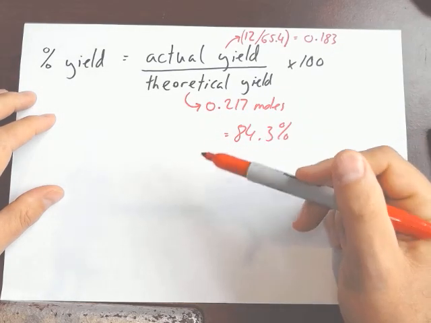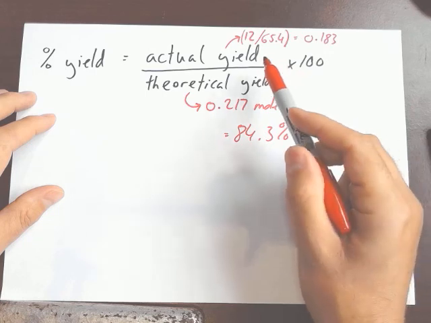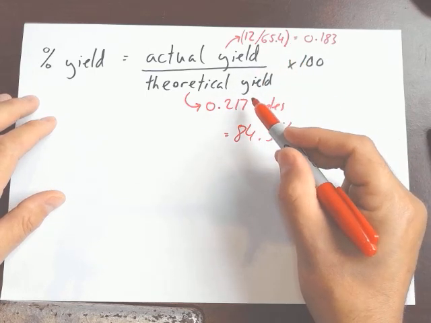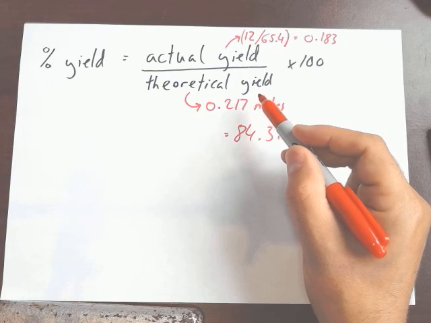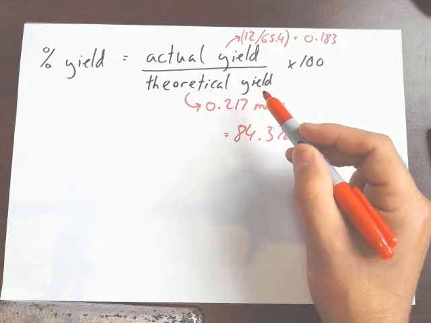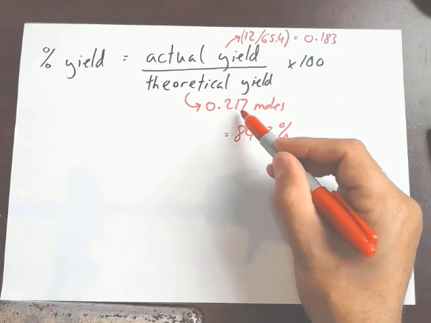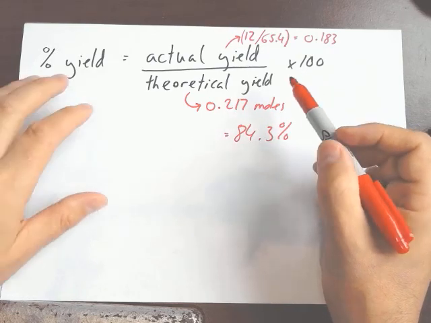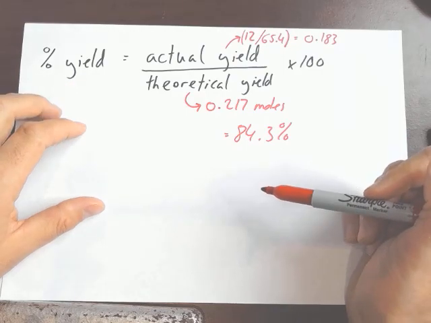Because so many times I've seen people, you can do it in mass as well. You could have the actual yield of 12 here and worked out theoretically how many moles of zinc were produced, and in that case you would have taken that number and multiplied it by 65.4. But if you do it in moles, it kind of forces you to go through the process.